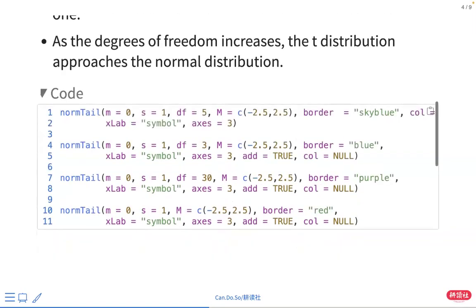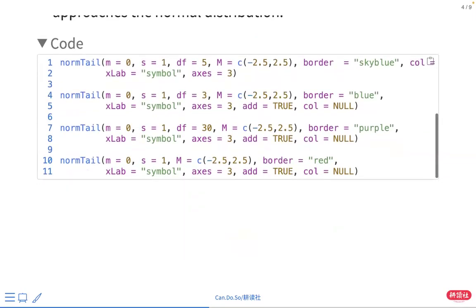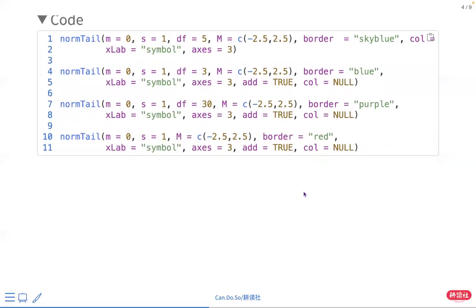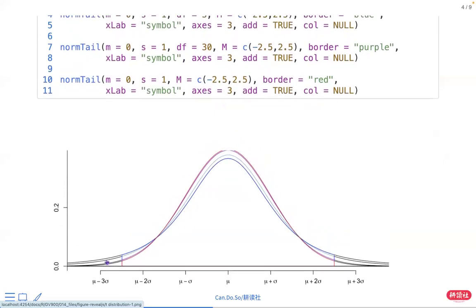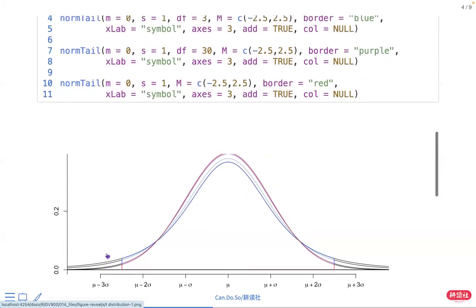As the degrees of freedom increases, the t-distribution approaches a normal distribution. So let's take a look at the t-distributions with degrees of freedom 5, 3, and 30, and compare them with the normal distribution. This one is with degrees of 5, this is degrees of 3, and this is degrees of 30.